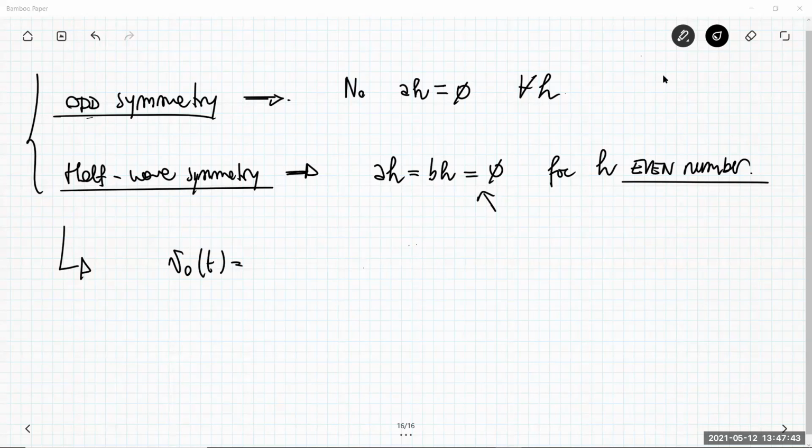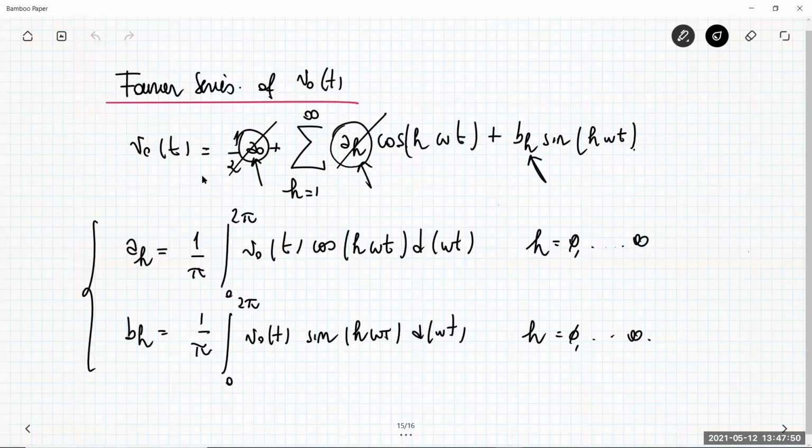So let me consider what happens here. Simplifying my output voltage V naught, I have no more these two cosine terms, and this is the average value, the DC value. I have a waveform which has no DC components.